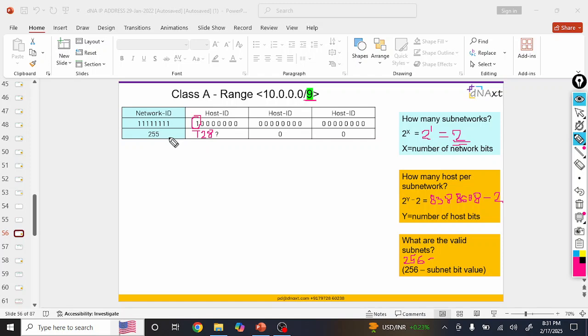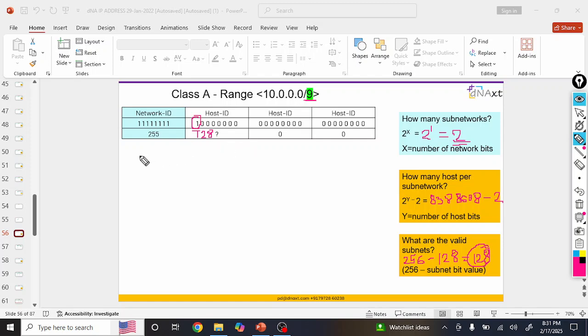So the subnet mask will become 255.128.0.0. So 256 minus 128 is 128. So an increment of 128 will take place, and in which octet? In the second octet. Why? Because we have borrowed the bit from the second octet, so the increment will be in the second octet only.